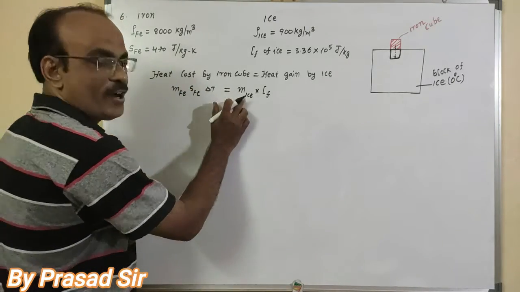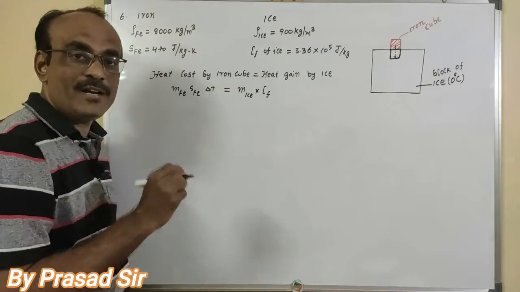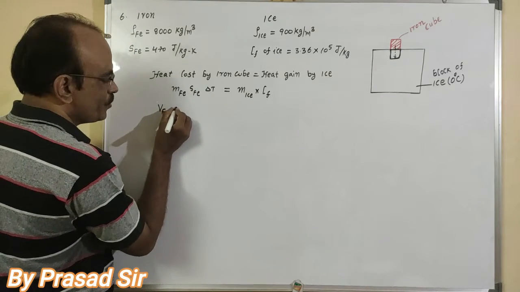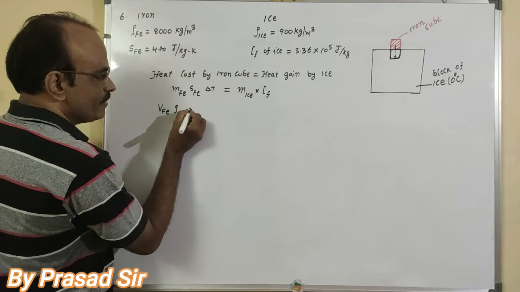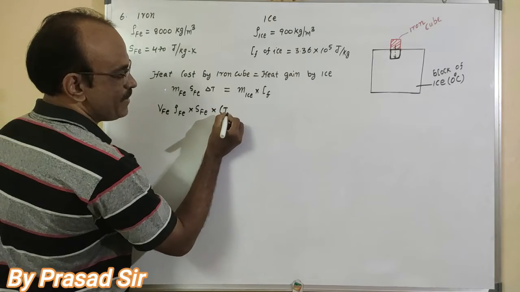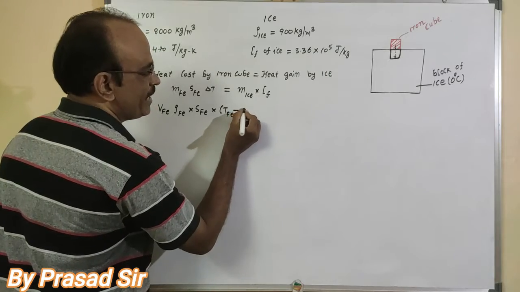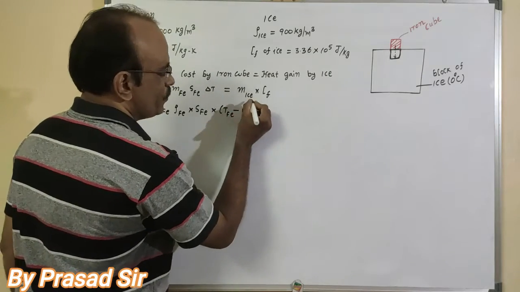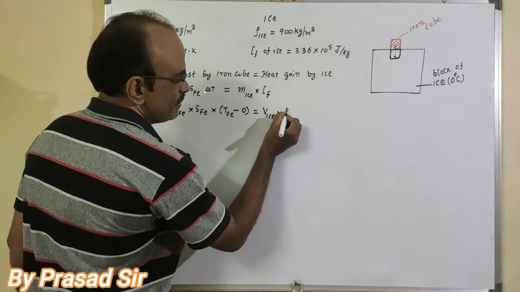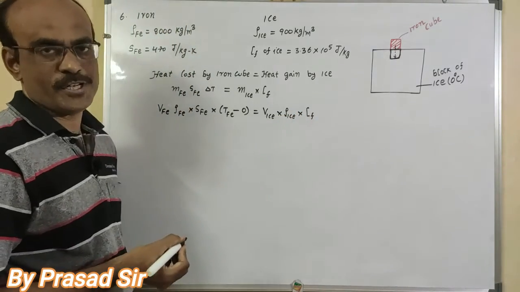Here masses are not given, so densities are given. Mass is nothing but volume into density. So volume of iron into density of iron into specific heat of iron into temperature change, that is initial temperature of iron minus final temperature of iron, which is 0, is equal to the mass of ice, that is volume of ice into density of ice into latent heat of fusion of ice.